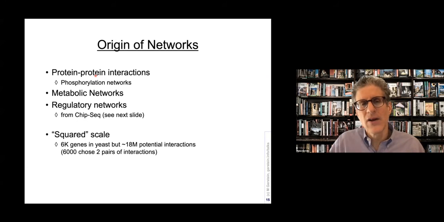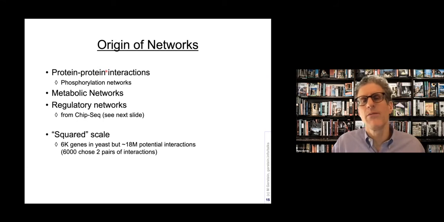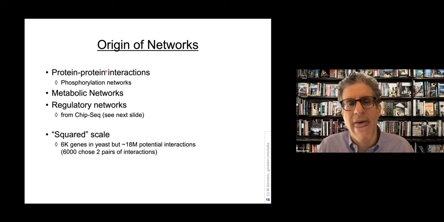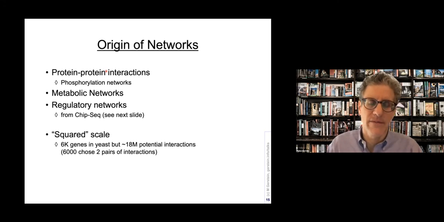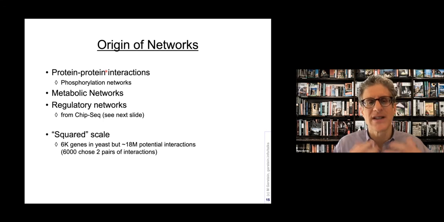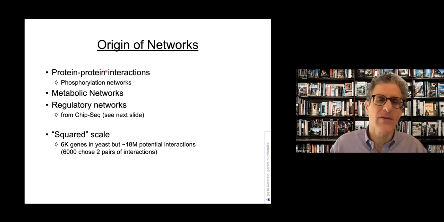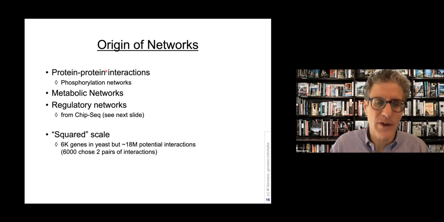So a little bit about the networks that we work on, just as introduction. We're going to mostly focus on the molecular networks that we have in biological science. What are they? Protein-protein interactions. A subgroup is phosphorylation, metabolic networks, pathways, and so forth. Regulatory networks, we talked about earlier how they come from ChIP-seq experiments, how we can build up networks.